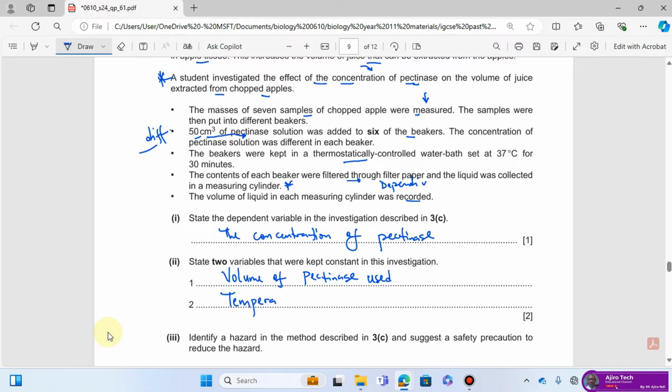You can also pick every other thing that was kept the same in the experiment. And then it was left for 30 minutes, the duration of the experiment. All right, that's that.